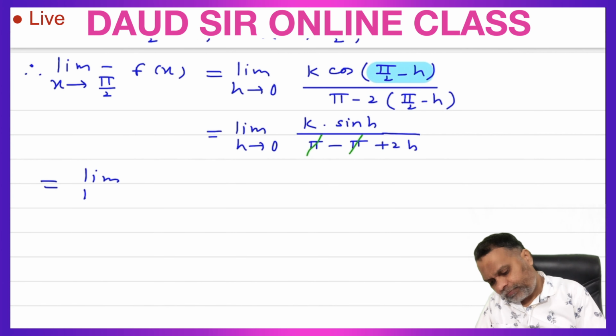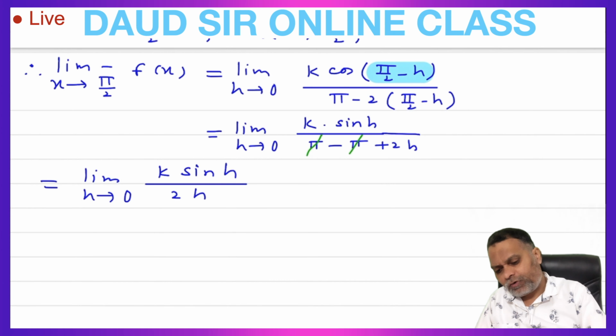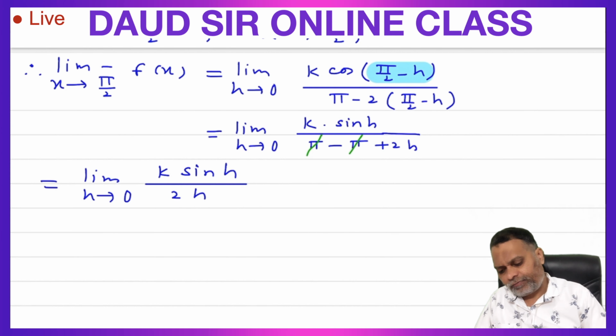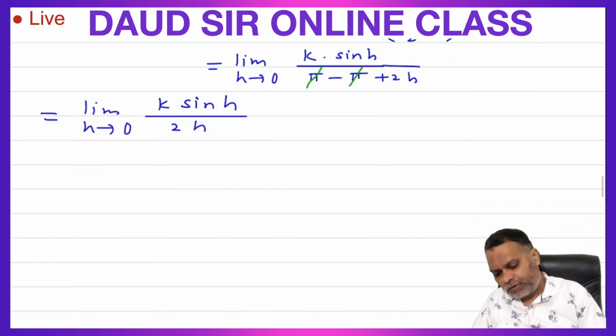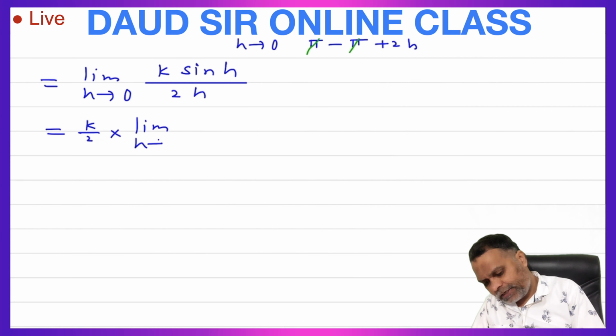which is equal to limit h tends to 0 k into sin h upon 2h. Write this k upon 2 outside the limit and make the limit for sin h upon h. So which is equal to k by 2 into limit h tends to 0 sin h upon h.